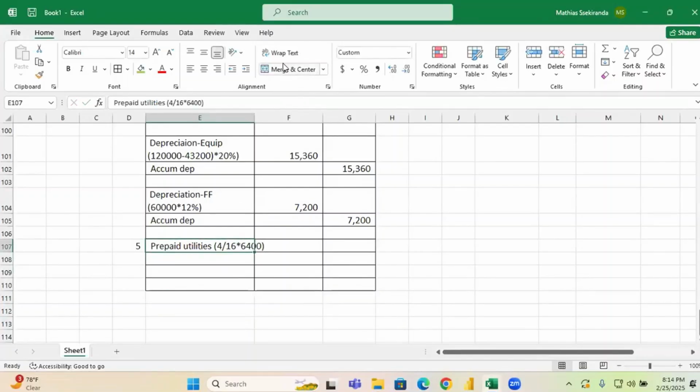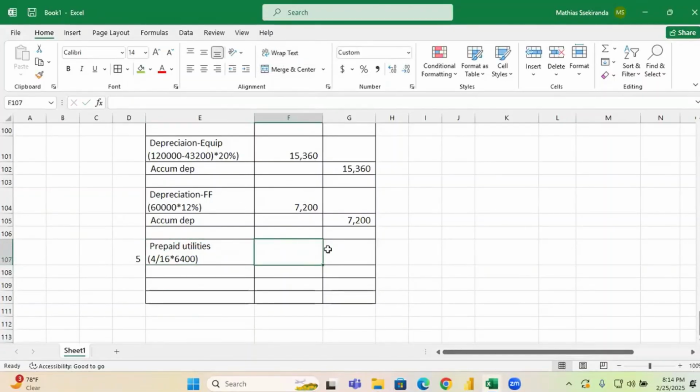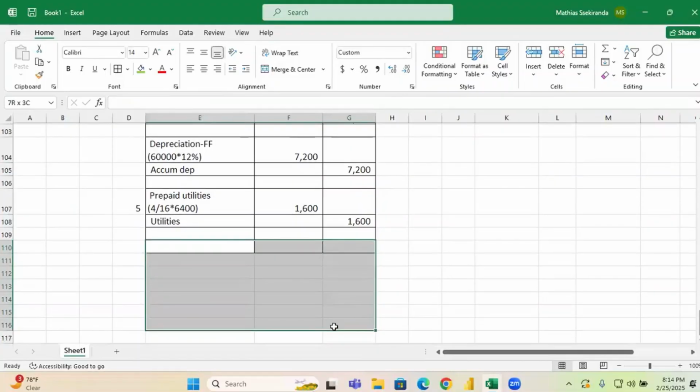So it is equal to 4 divided by 16 times 6,400. So the prepayment is 1,600. You debit prepaid utilities and credit utilities. We credit utilities to remove this figure from the utilities expense.